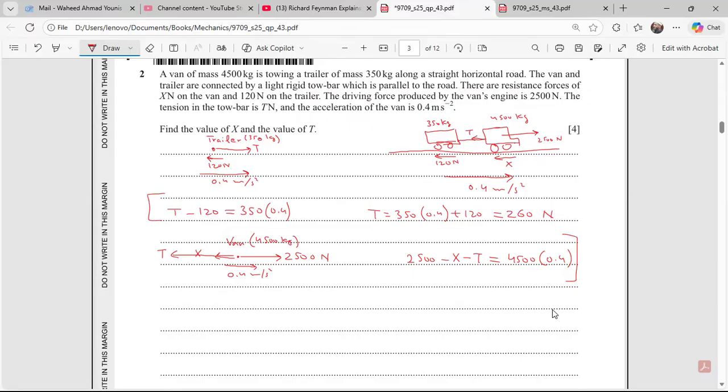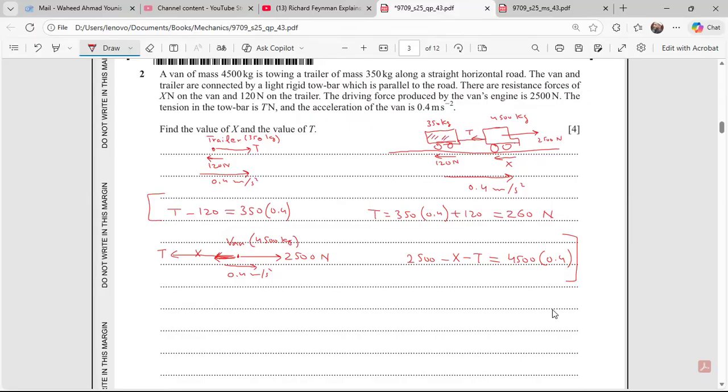You have to make the free body diagram for both objects. So for this van, for example, let me explain it again. The van is being pulled by the engine, and the force of the engine is 2500 Newton, and there was a resistive force, we call it X, right? And there was a tension in this rod. Because of this tension, this trailer is trying to pull it back.